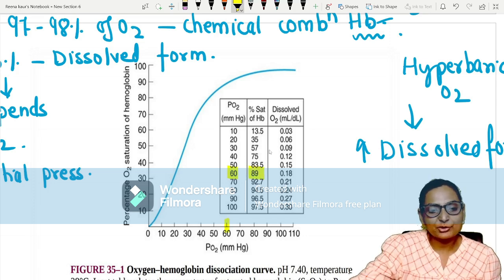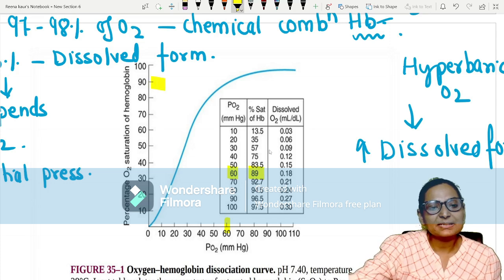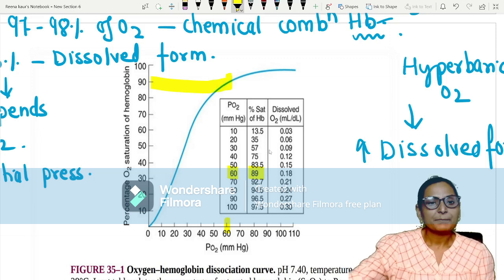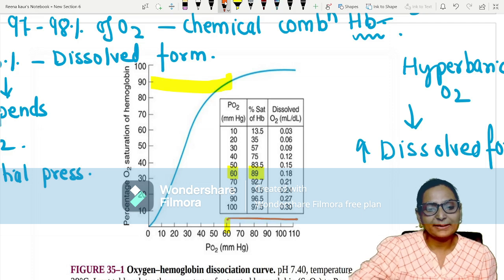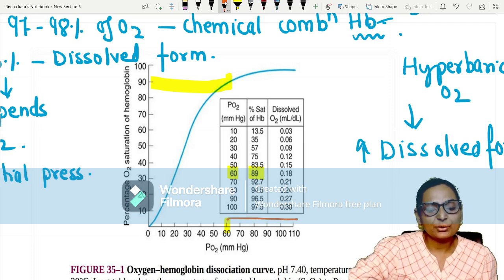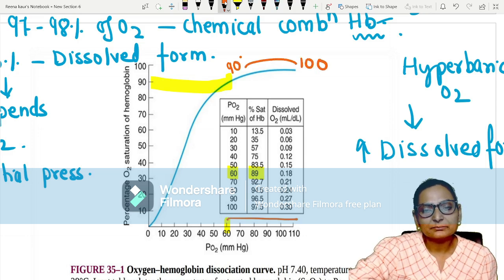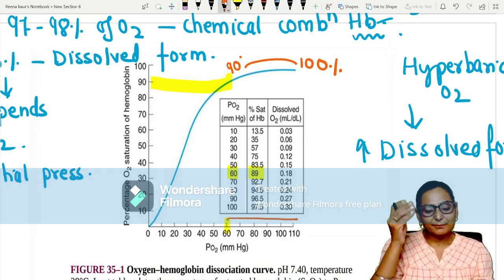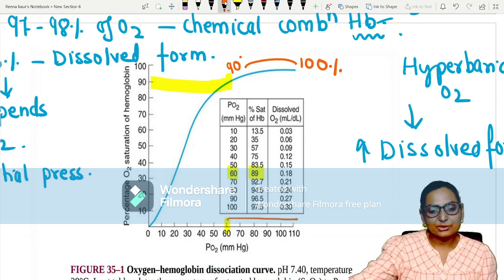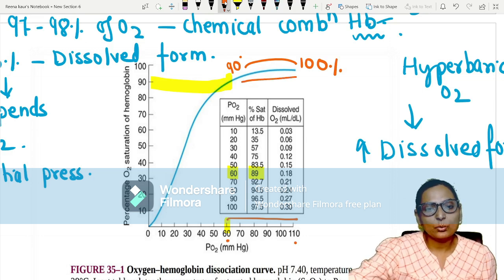Even if you increase the partial pressure of oxygen from 60 to 110, the saturation will increase only from 90 to 100%, because there will be saturation. And even if you decrease the oxygen from 110 to 60, the saturation will decrease only 10%.